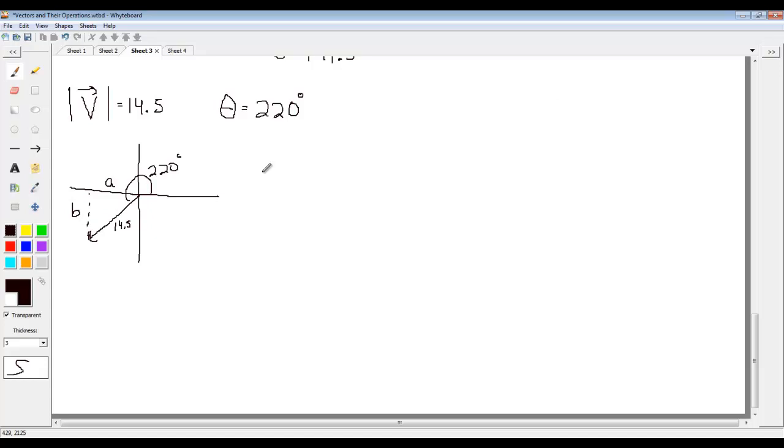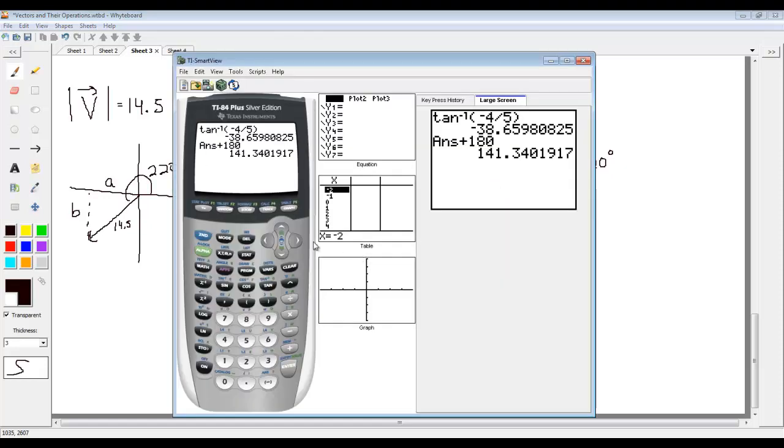Okay. Well, now we know that A is going to equal 14.5 times the cosine of 220. So we find that, we'll be able to find A. We also know that B is going to be 14.5 times the sine of 220. So when we find that, we'll know B and be able to use those components.